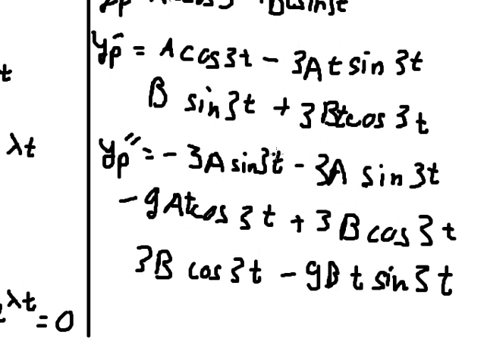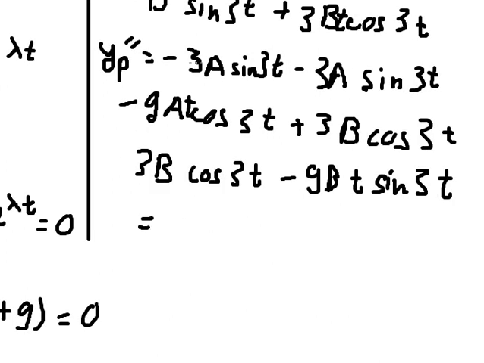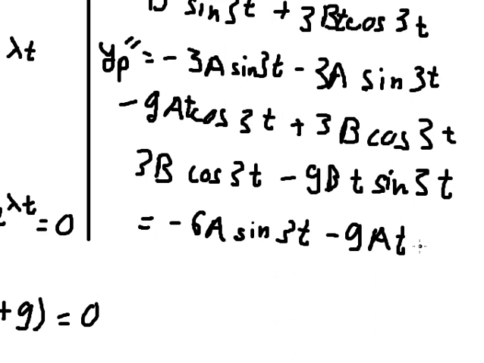So after we calculate this one, we can simplify. Negative 3a, negative 3a, we have negative 6a. So this one we have negative 9a cosine 3t. So 3b plus 3b, we have 6b.